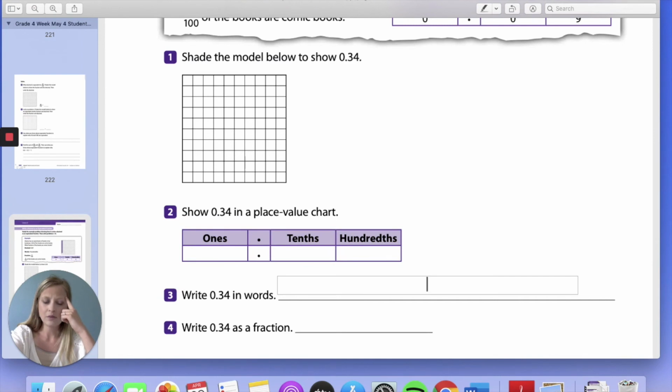How would I write that? Okay, 34 hundredths. So I want to be careful that I'm saying the decimal correctly, so then when I go to write it in word form, I go ahead and write it correctly.